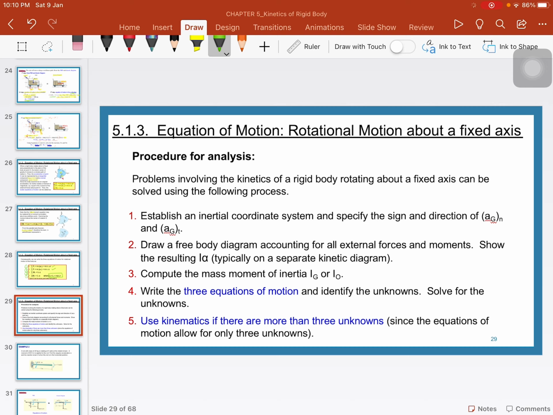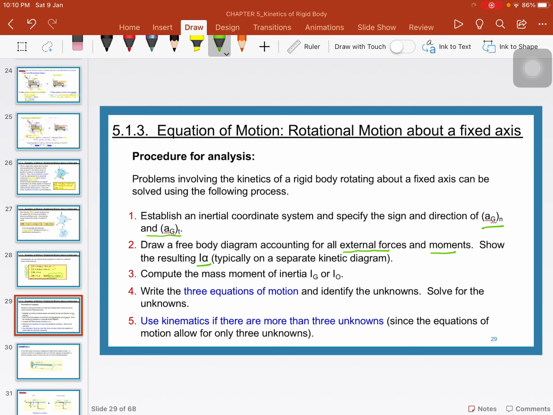First, establish an inertial coordinate system and specify the sign and direction of AGN and AGT. Next, draw a free body diagram accounting for all external forces and moments. This is important. Show the resulting IG alpha, typically on a separate kinetic diagram.